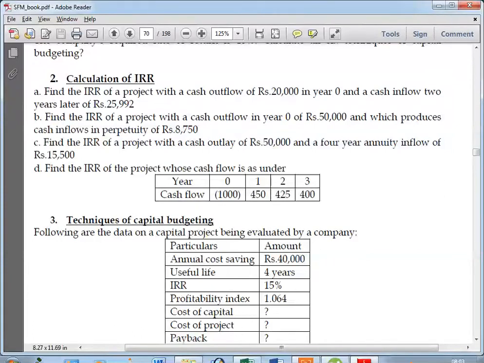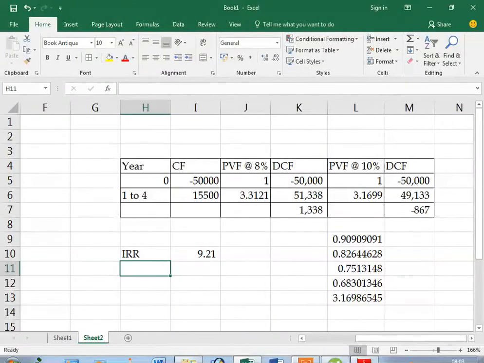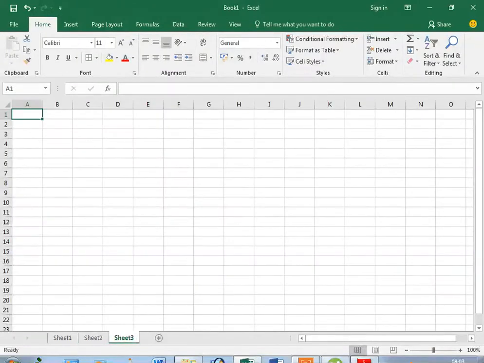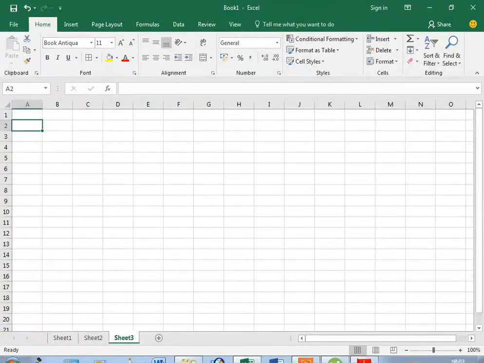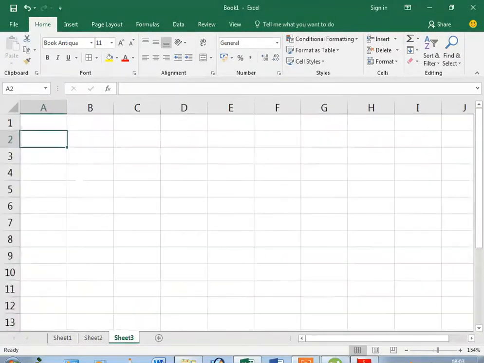18%, no? Start with an initial rate of 12%. 2/3 of ARR. So 18% is the ARR. Start with 2/3 of that.